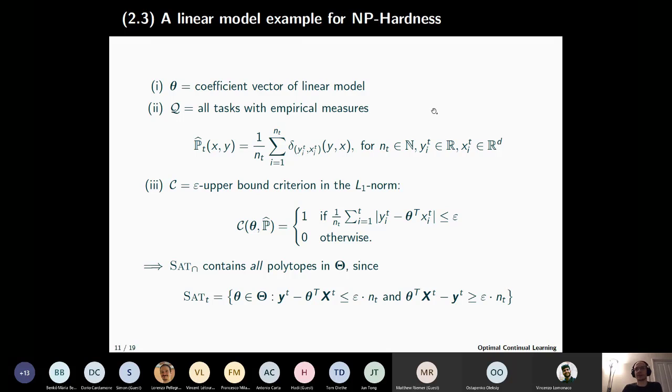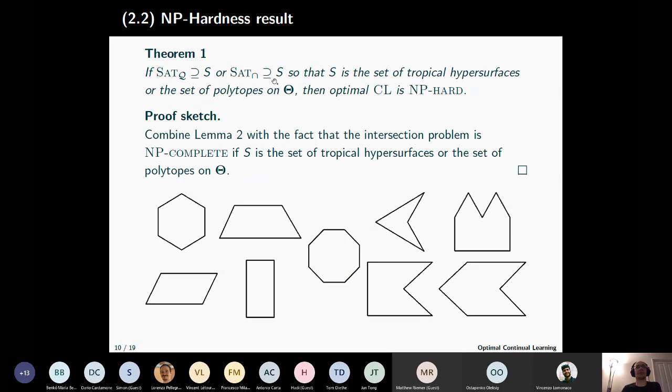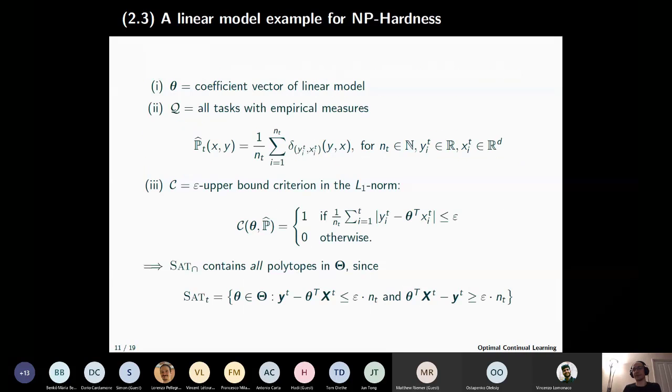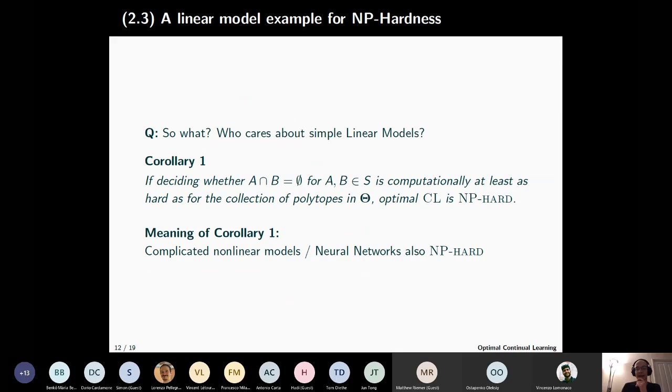As before, our tasks are just empirical measures. Our criterion is the one that we used as an example earlier on, so we're just looking at the epsilon upper bound on the prediction error. And it actually turns out with this, you can already construct all polytopes in the parameter space. And what that tells you is that our result applies, because the set of polytopes makes the intersection problem NP-hard. And so even if you were trying to do continual learning with a really, really simple model, you would be trying to solve an NP-hard problem.